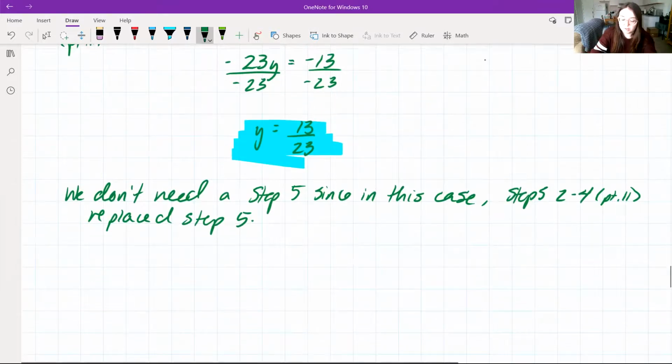So now we're just on to our step 6, where step 6 tells us that we want to replace x and y with these new values.